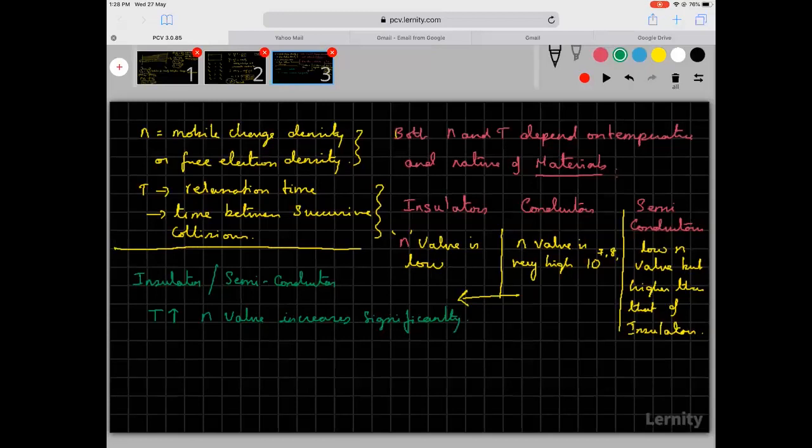So if the N value increases significantly, what will happen to the tau value? Tau value decreases, but not as much. I will explain this a little bit more. First, you make some notes.